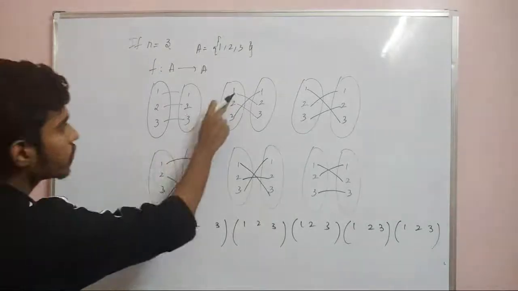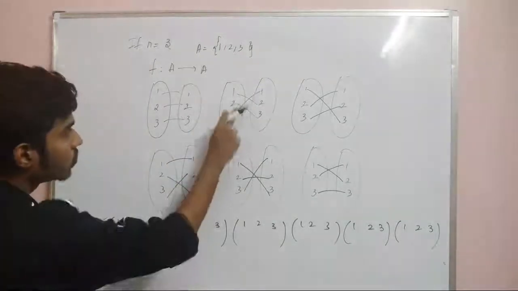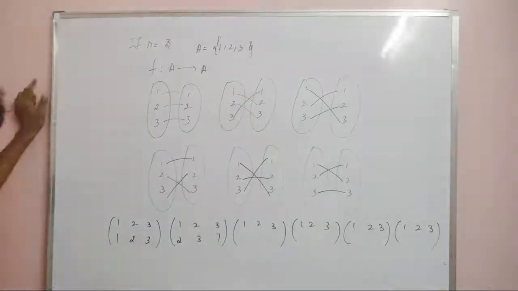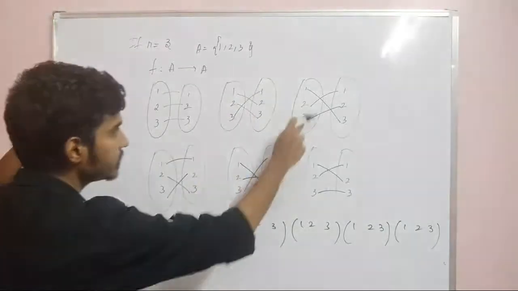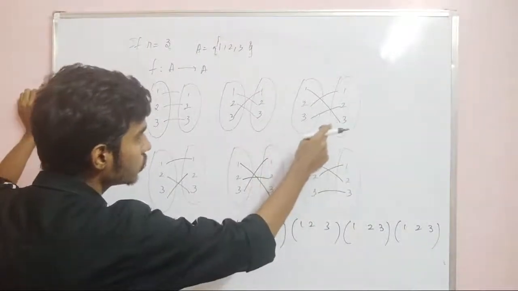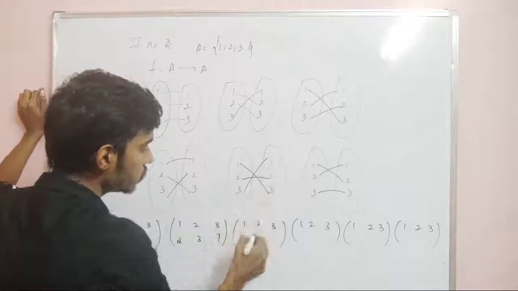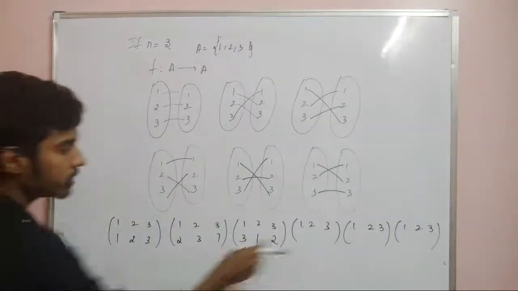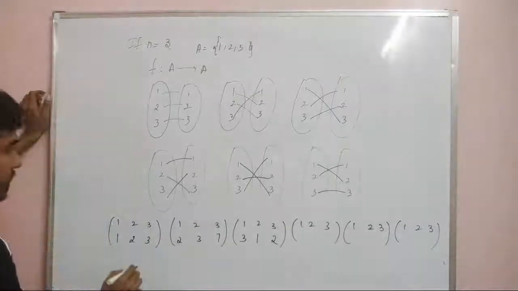Here you can see 1 goes to 2, 2 goes to 3, 3 goes to 1. In this mapping 1 goes to 3, 2 goes to 1, and 3 goes to 2. So in the fourth mapping, let us name this.